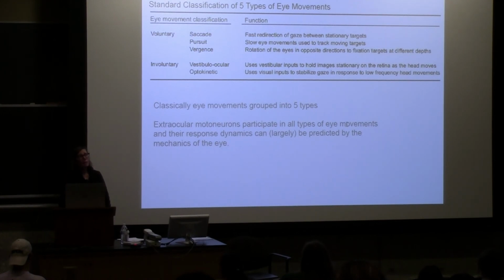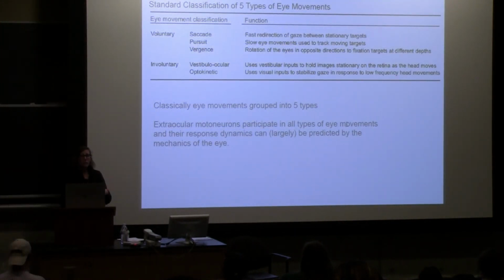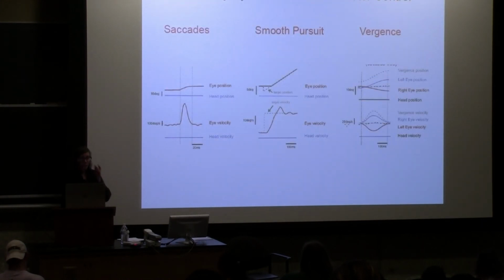And helping that reflex, because it has a sort of bandpass nature that we'll go over in future lectures, is the optokinetic reflex, which is visual. So you have one reflex that's driven by the vestibular system and another one that's generated by the visual system to keep your gaze stable as you do your everyday activities. So we'll go over those in more detail. Okay. So again, this is just what I mentioned.